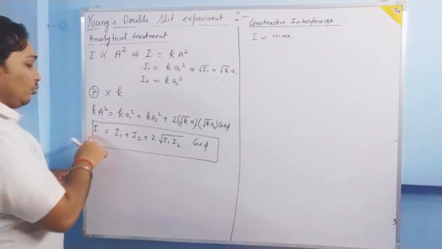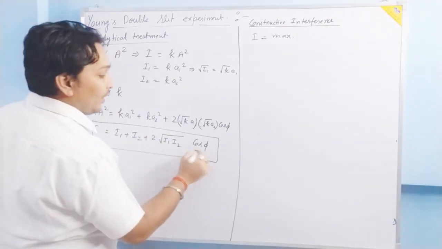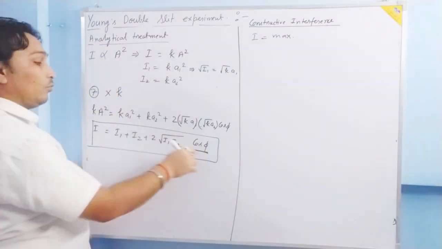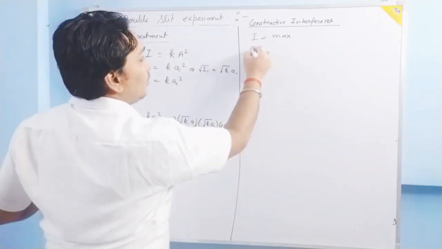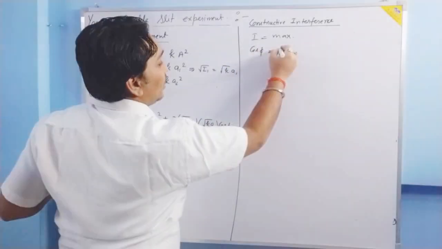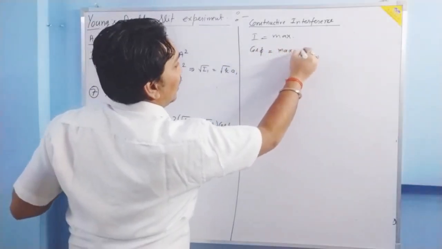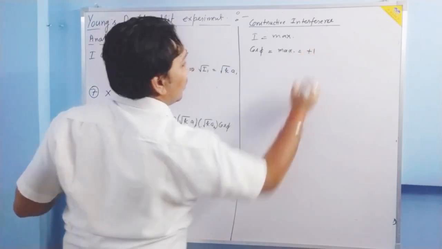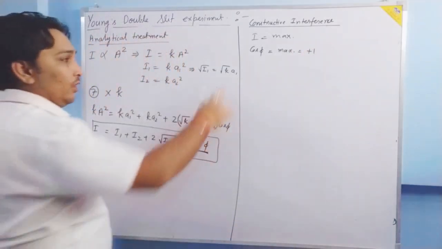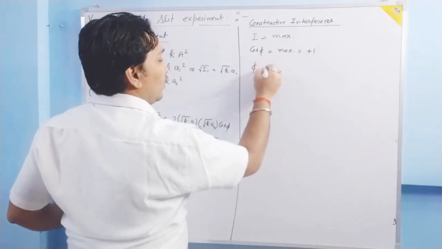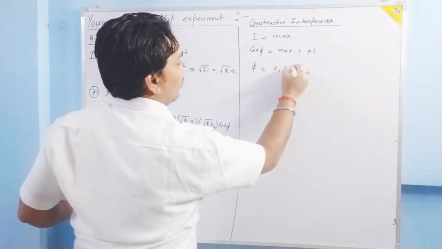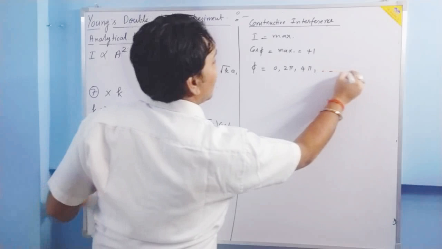I is equal to I1 plus I2 plus 2 under root I1 I2 cos phi. So for I to be maximum, cos phi also should be maximum. And the maximum value of cos phi is plus 1. When the value of cos phi is plus 1, phi is equal to 0 degree, 2 pi, 4 pi, and so on.